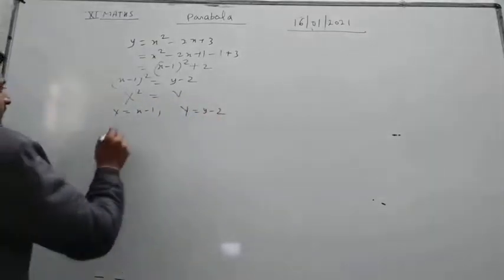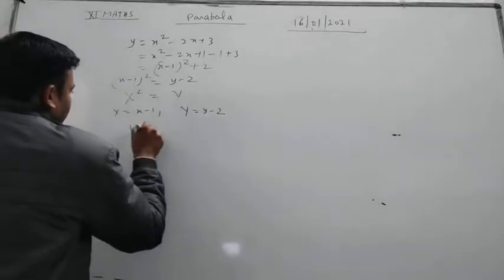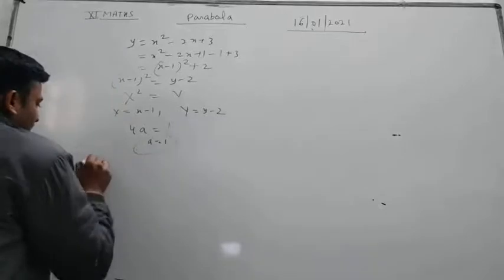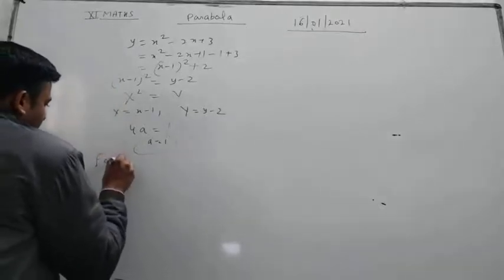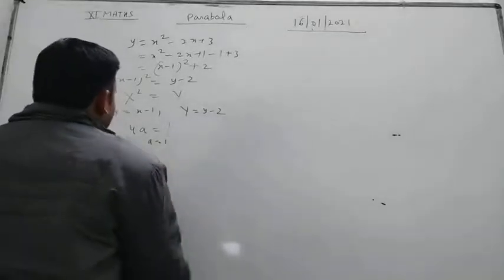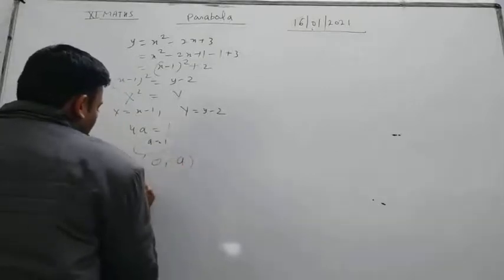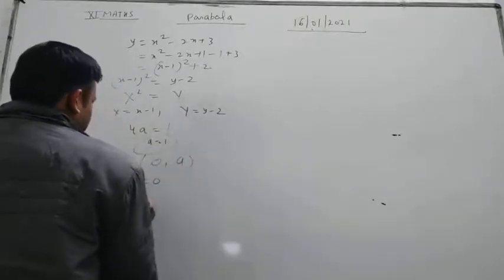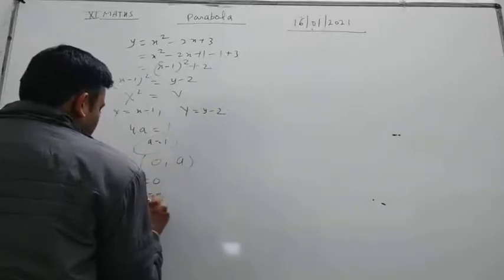Okay, student. Now our 4a is equal to 1, so a is 1. Okay. Now our focus is, in this case, (0, a). So X is equal to 0, student, and so x minus 1 is 0, so x is 1.